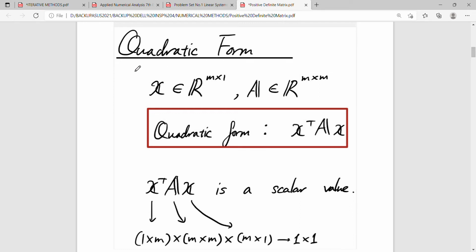This is a purely mathematical statement, written in a mathematical format: a quadratic form is a condition such that the x value is an element of R, a matrix m by 1, and A is also an element of R, where R are, of course, real numbers, which is a matrix m by m.